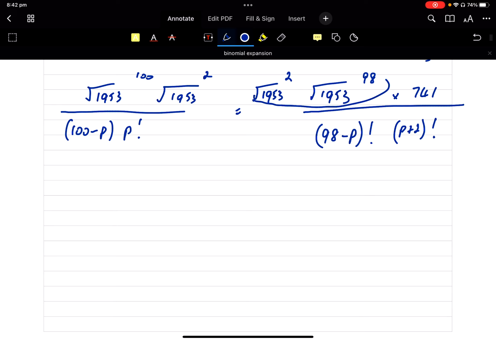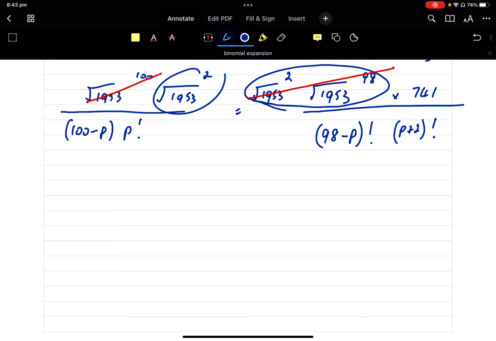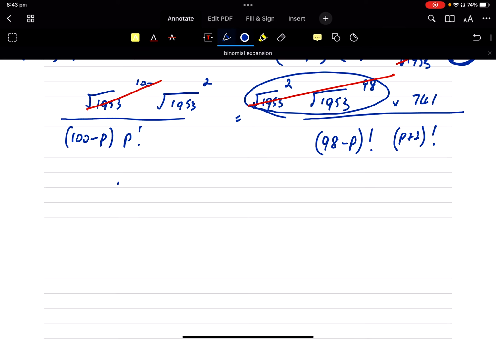So together, that's root 1953 to the 100. So that cancels with that. And this thing here, clearly the square and the square root cancel each other out. And we've got 1953 on.